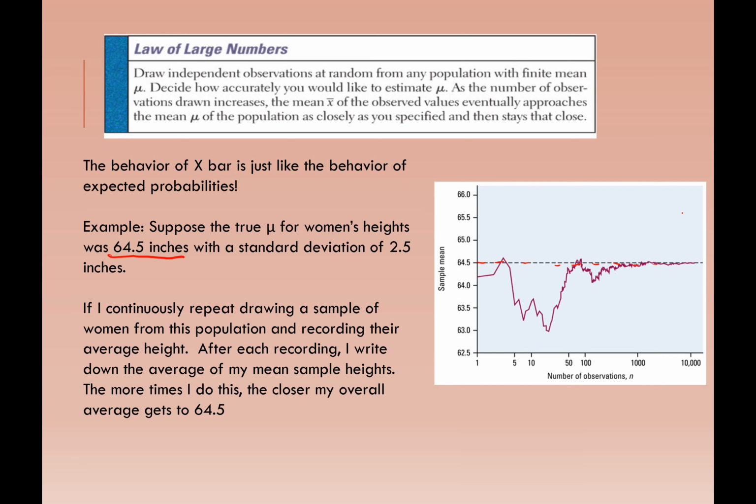But as I get more and more observations, any low numbers or if I had a high number up here, those get averaged out with all the samples that are close to the mean, and by way out here in the 10,000s, any weird sample is not going to have that much of an impact, and you'll be close to the mean.